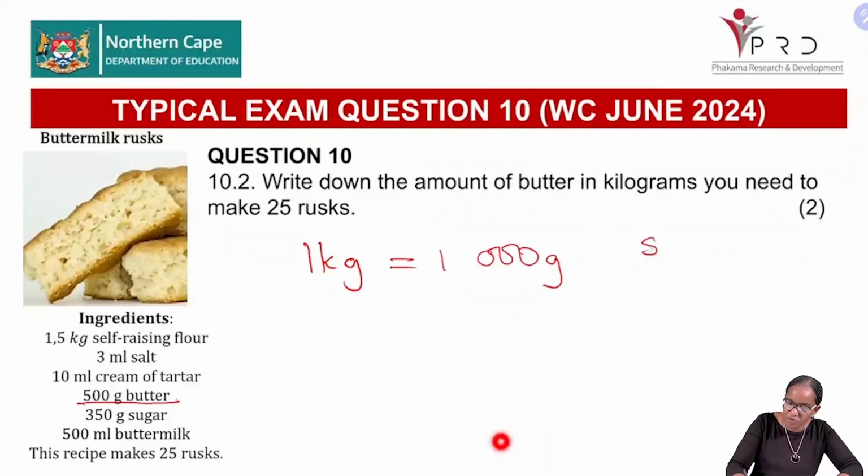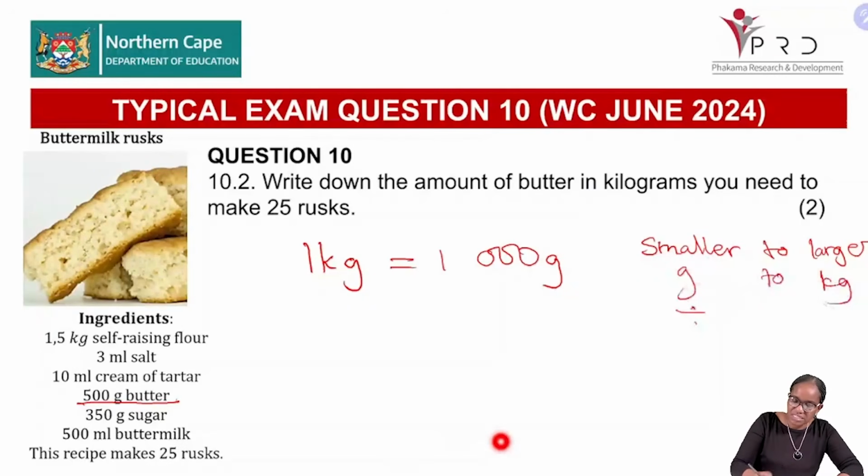So we are moving from smaller to larger because we're moving from grams to kilograms. What do we do? We divide. So we are going to divide by 1,000. So our 500 grams of butter divided by 1,000 grams will give us 0.5 kilograms.